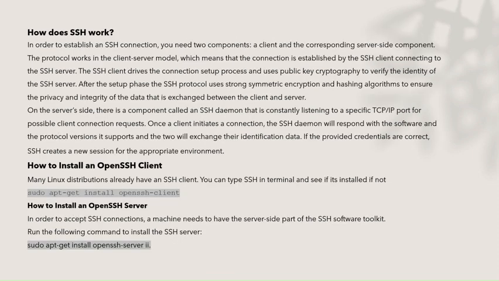How does SSH work? In order to establish an SSH connection, we need two components: a client and the corresponding server-side component. The protocol works in the client-server model, which means that the connection is established by the SSH client connecting to the SSH server. The SSH client drives the connection setup process and uses public key cryptography to verify the identity of the SSH server.